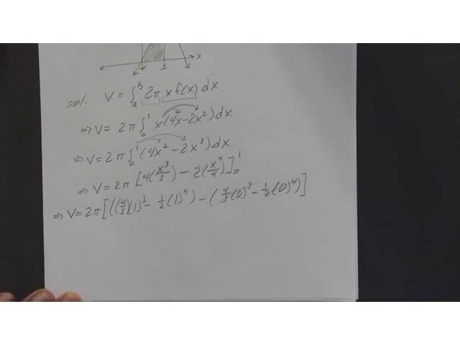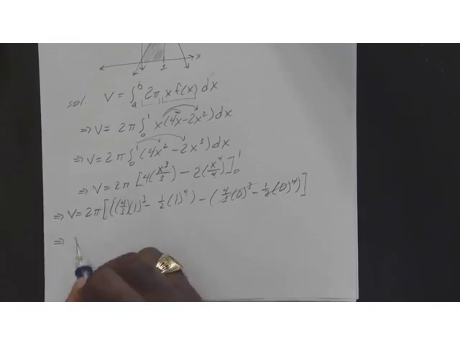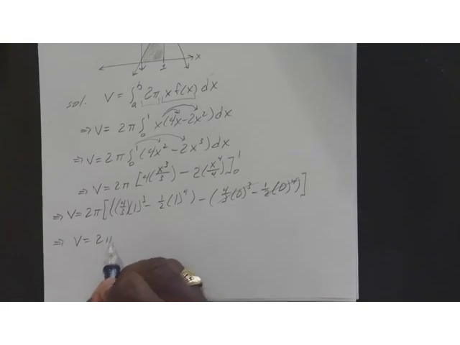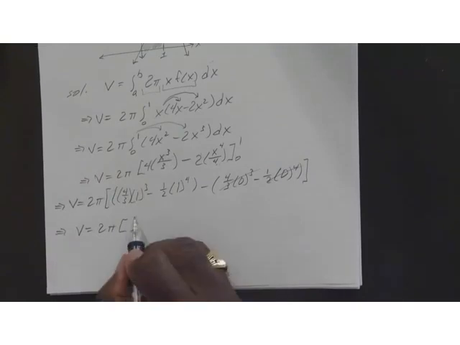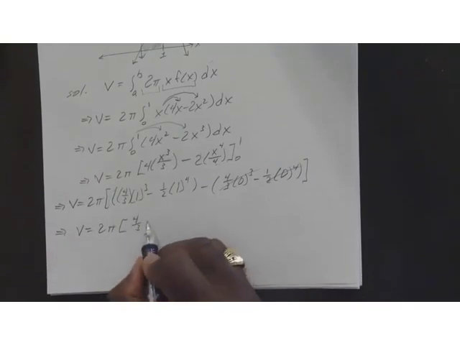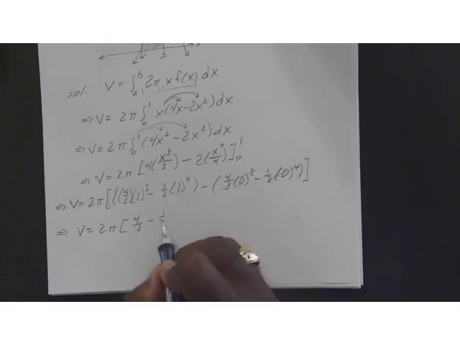And again, that just becomes 0, so those disappear. So we know that our volume is equal to 2 pi times 4 over 3 times 1 is just 4/3 minus 1/2.